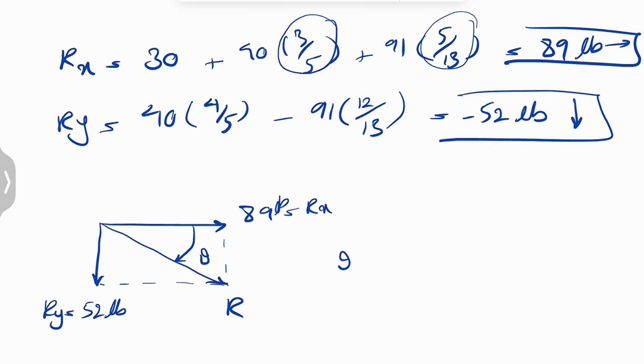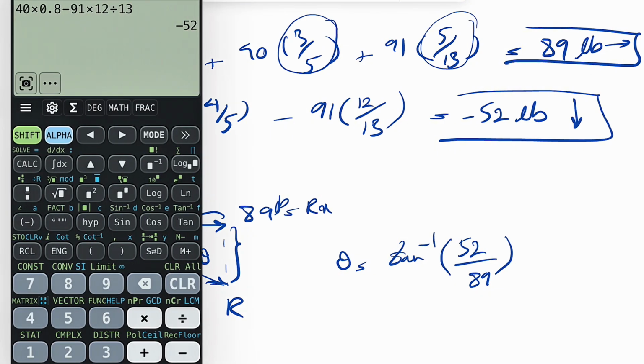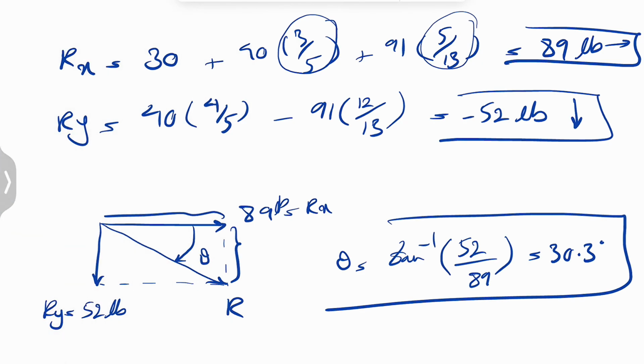This is our angle theta, which we find with the tangent inverse of opposite over adjacent, 52/89. So tangent inverse of 52 divided by 89. And that's going to give us 30.3 degrees.